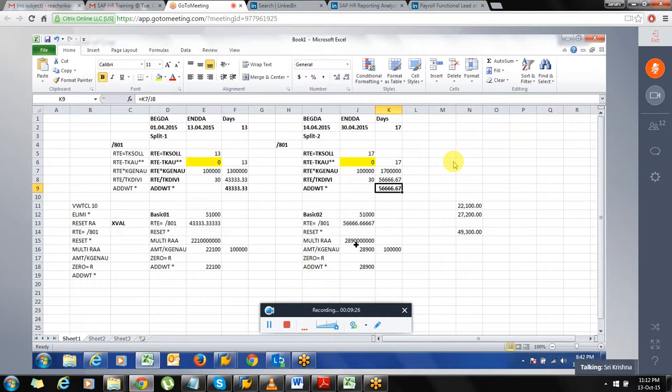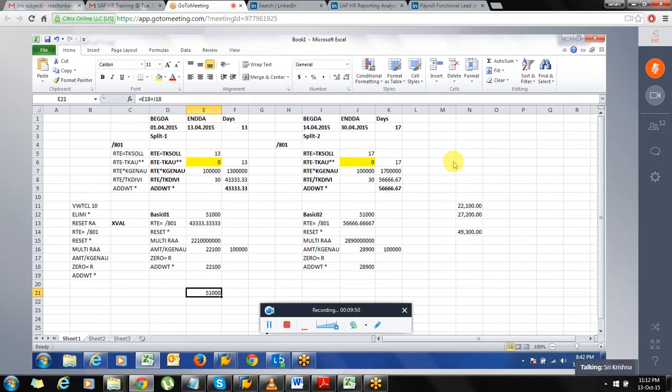And the remaining activities are the same, multiply with the same amount, and we are dividing it by 1 lakh, and you got this number. So if you add these two amounts, you should get the actual amount, that is 51,000, right?